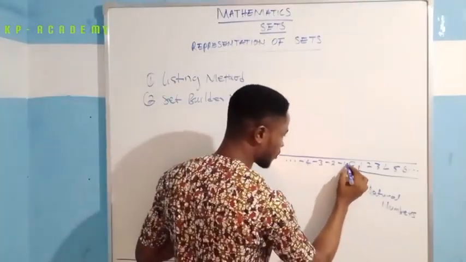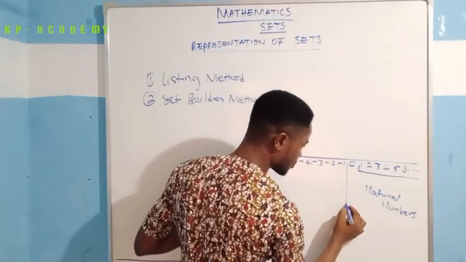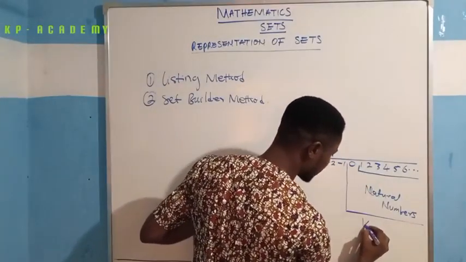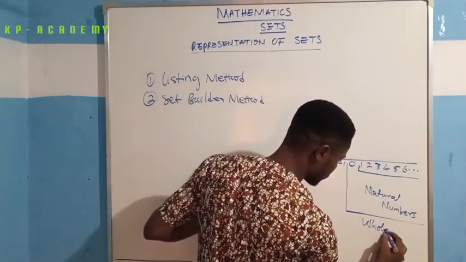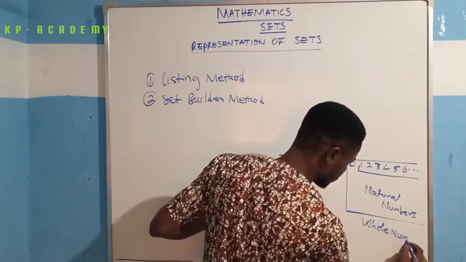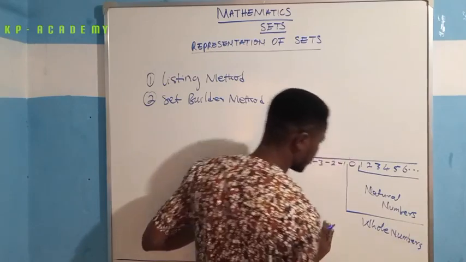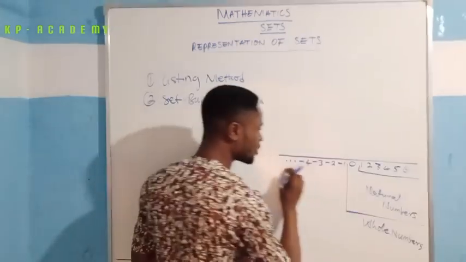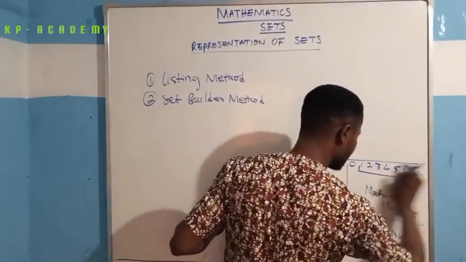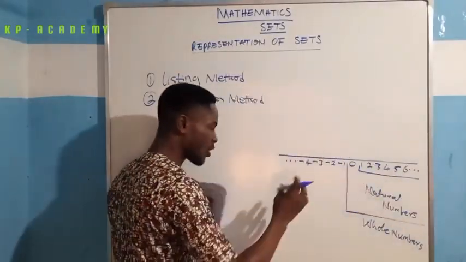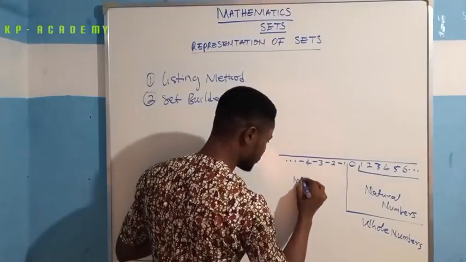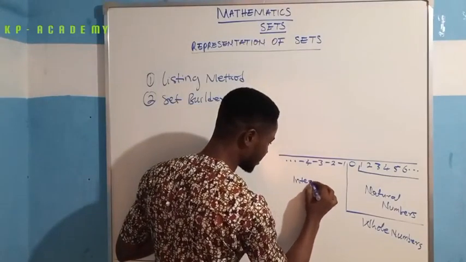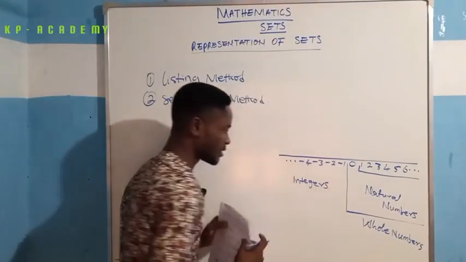And now, from 0 towards the right are called whole numbers. Very important. And of course, all the numbers, including positive part, 0, negative part, are called integers. Integers. Alright, so this is it.